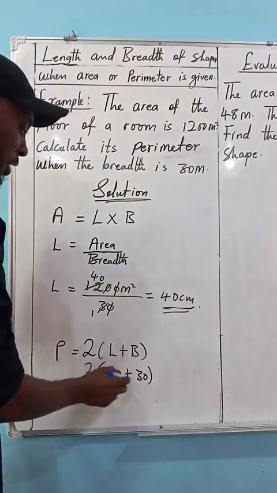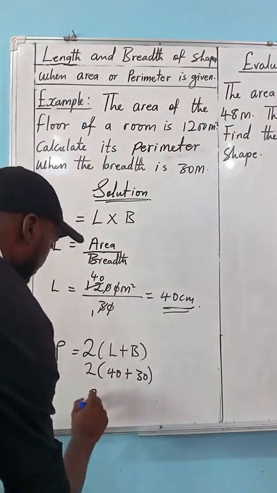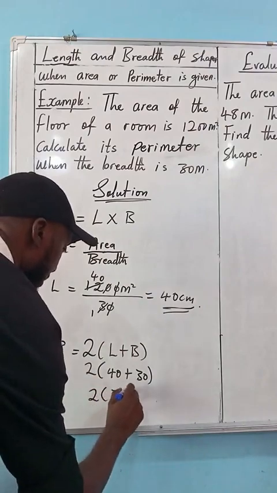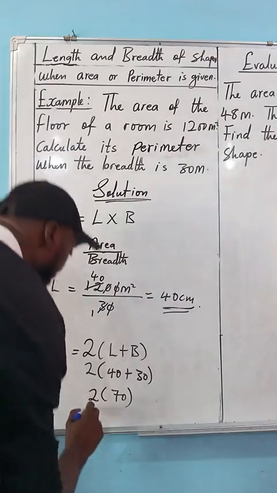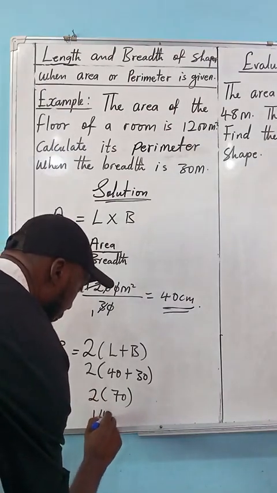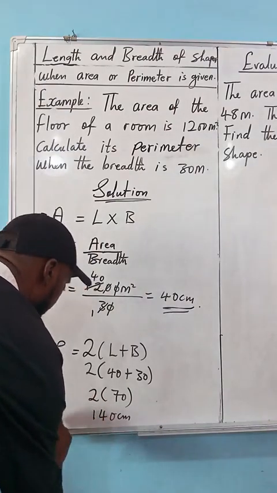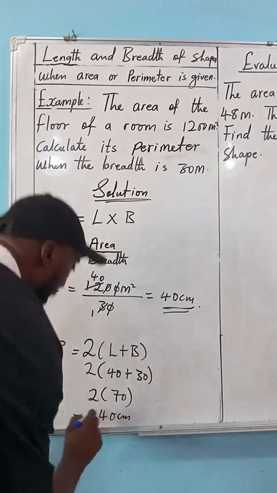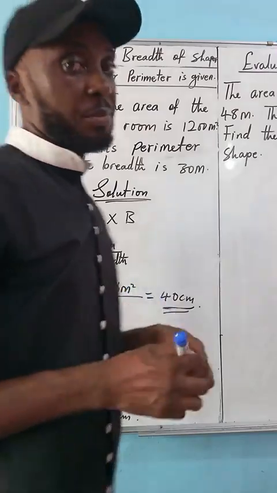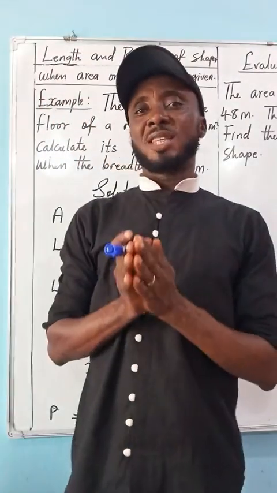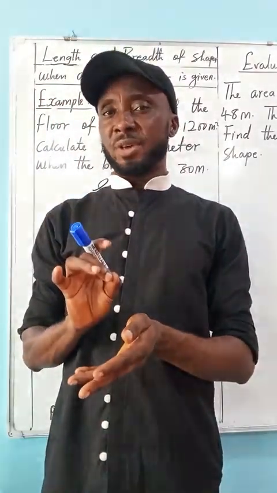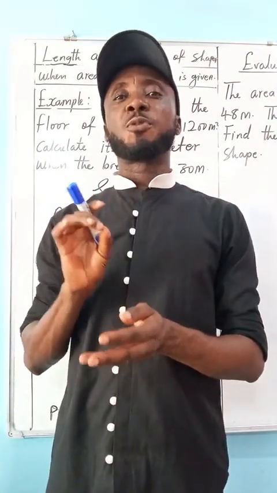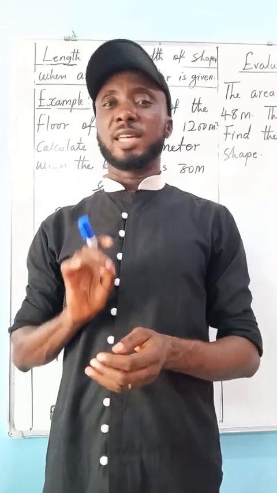When you add 40 plus 30, it will give us 70. Therefore, 2 times 70 will give us 140 meters. Therefore, the perimeter we're looking for is 140 meters. As simple as that. Definitely you must find the length of the rectangle before you will be able to find the perimeter of the rectangle.